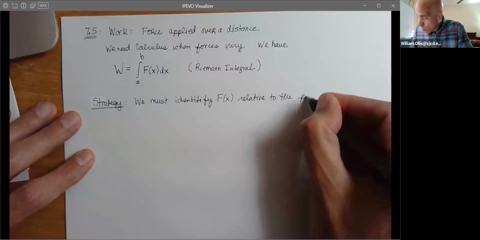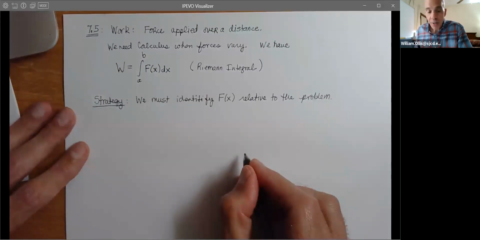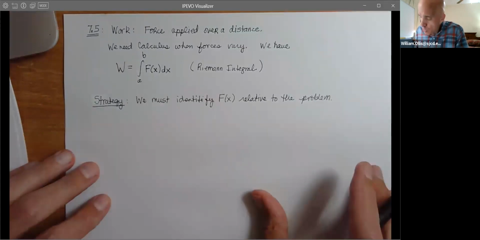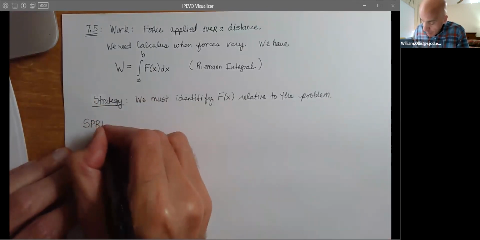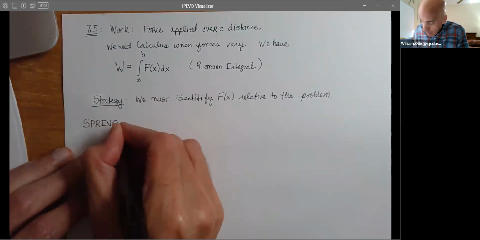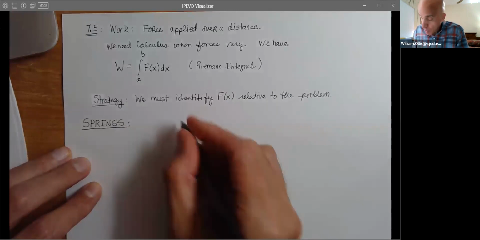And the problems we will start with will be springs. And that will be what we call Hooke's law. So springs, these are fun. You'll like these. And you may have already discussed these in your physics class. For instance, Hooke's law.